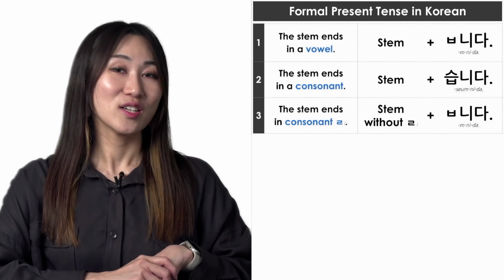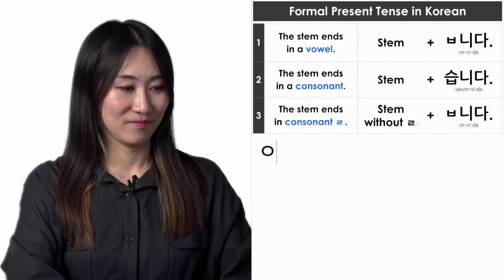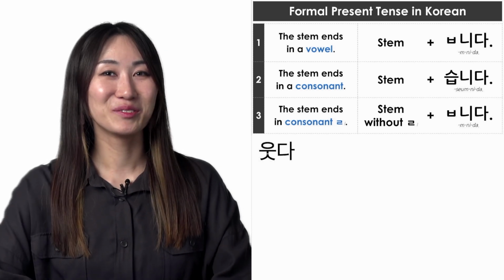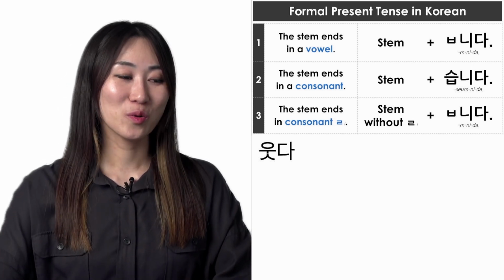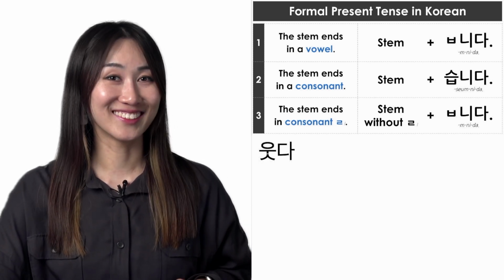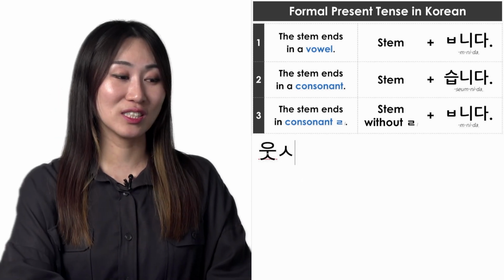짠! So now I have the same example. 웃다. So now I want to say someone laughs or someone is laughing. How can you use this ending? It's simple. It's 웃습니다.